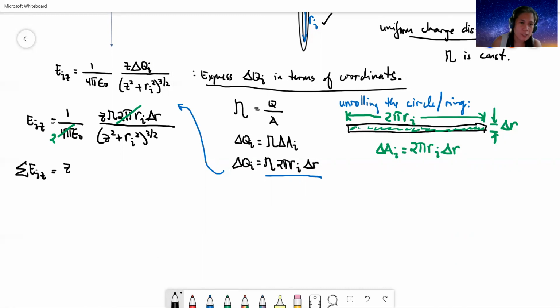This becomes z eta over 2 epsilon sub naught. And what is left are the quantities that we will sum up: r sub I delta r over z squared plus r sub I squared raised to 3/2, with the limit from I equals 1 until n segments that we have.